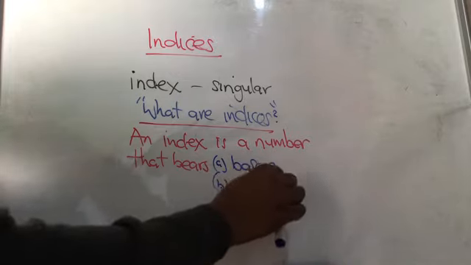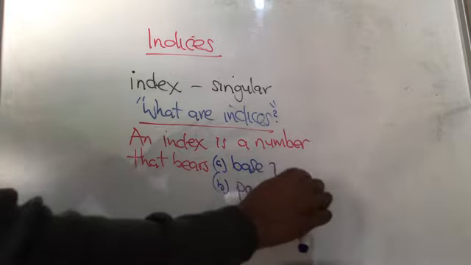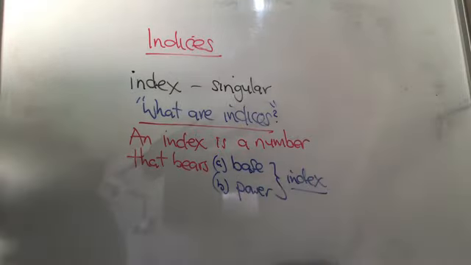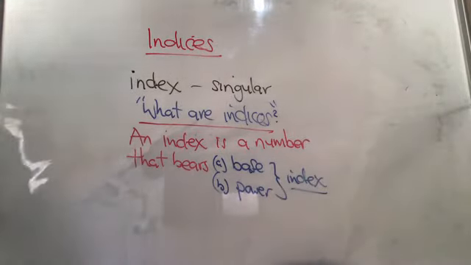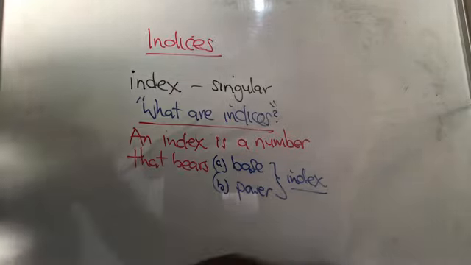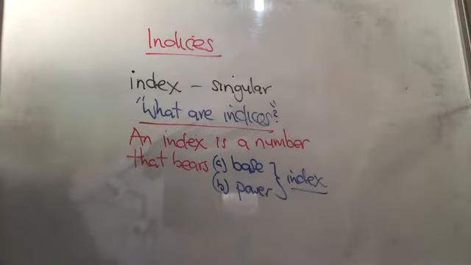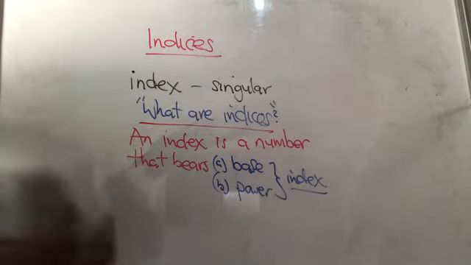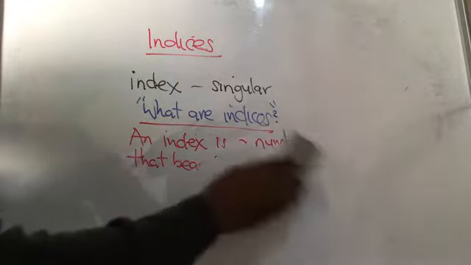So the combination of these two gives an index. So if you're asked at school or by your younger brother or younger sister, what is an index? You say an index is a number that bears, number one, a base and a power. So let's look into more examples of indices now in terms of real numbers and powers.